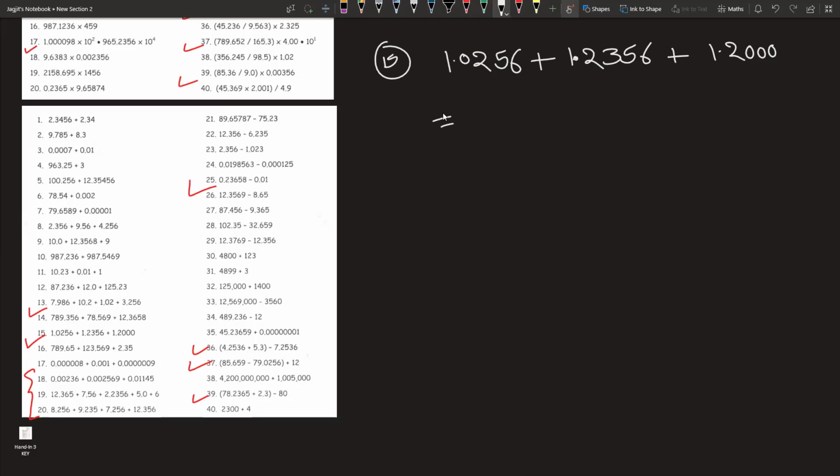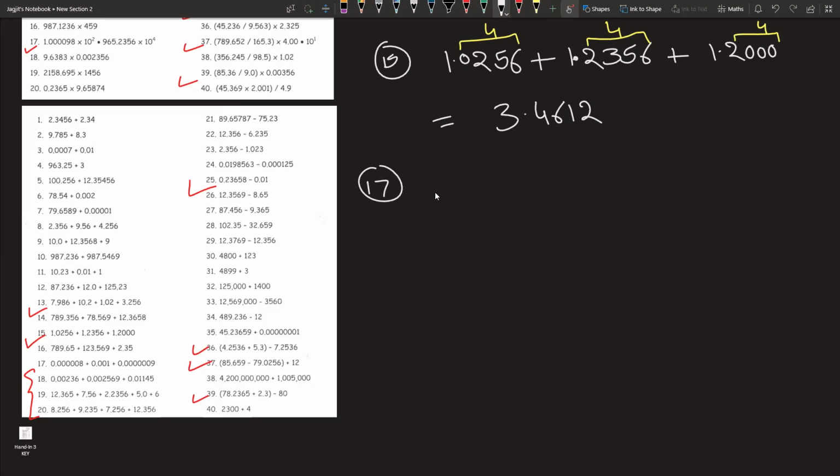This gives me 3.4612. The number of digits after the decimal were 4, and this one also had 4. My answer already has 4, so we're perfect. We're good for that.